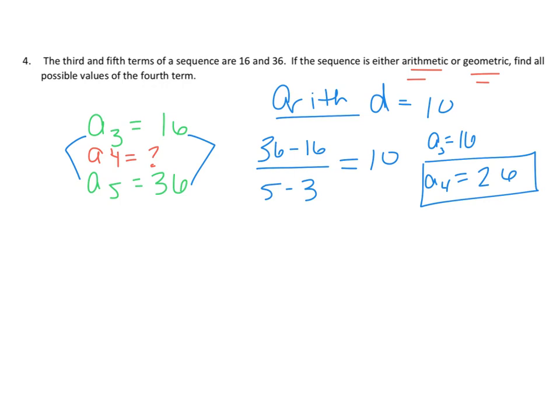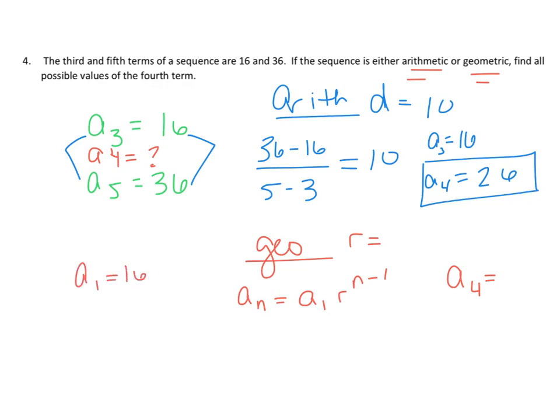For geometric, it's a little bit more complicated, but not too bad. There's a different way to do this. I do it with the formula because I want to find R to figure out what A4 is. So I pretend that A3 is really A1. And I put A1 in as 16.